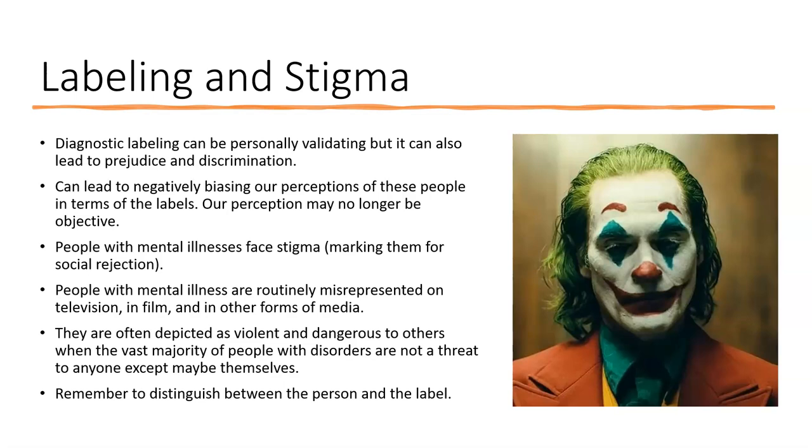Your authors remind you, keep the person and the label distinct, and try not to assume that a person is the sum total of their diagnoses, because that leads to prejudice and discrimination.